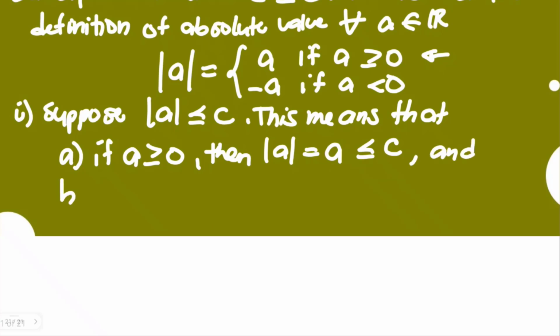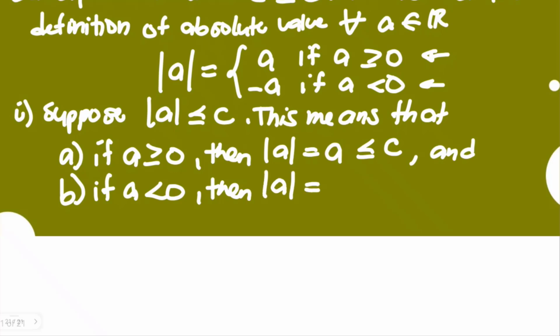And the second statement: if A is less than 0, then the absolute value of A is actually negative A per definition, which is still less than or equal to C, because that's what is denoted here.